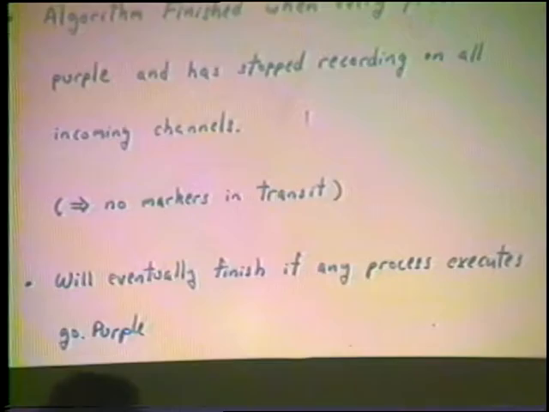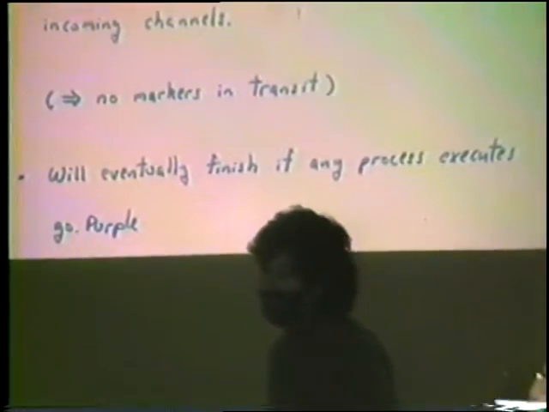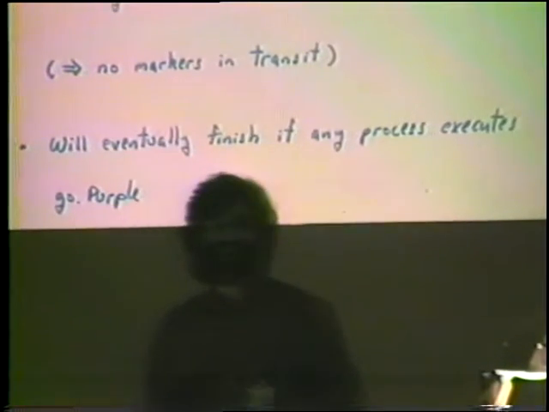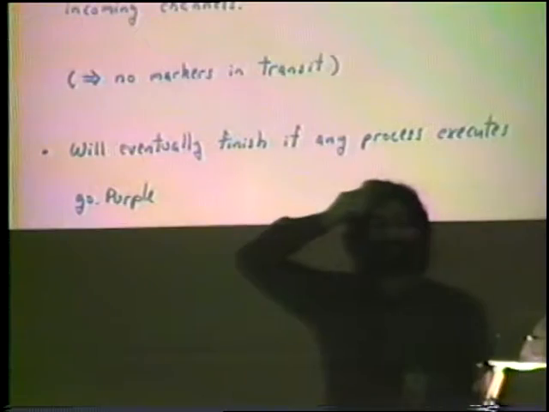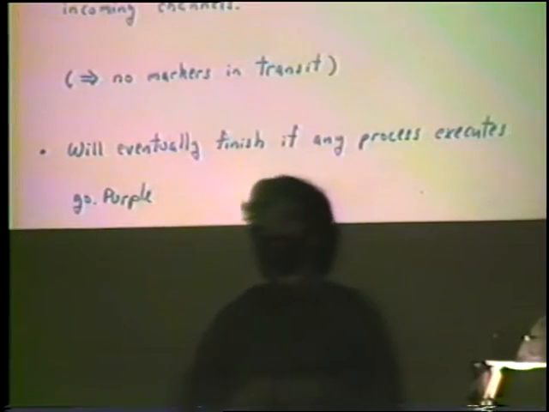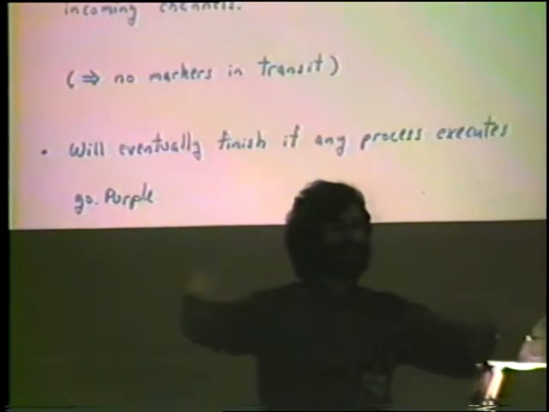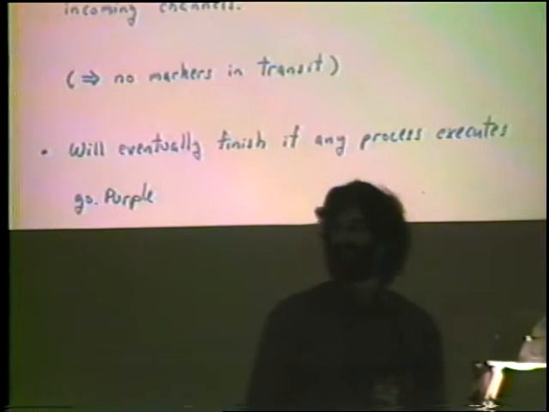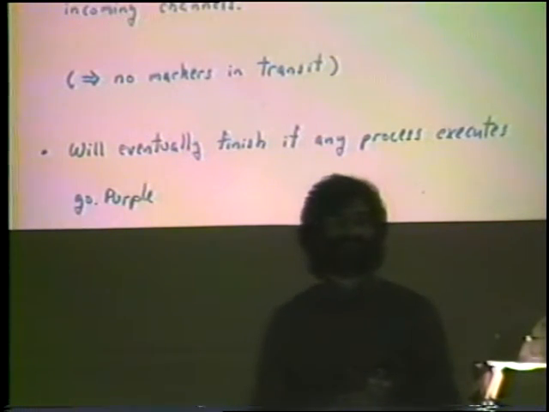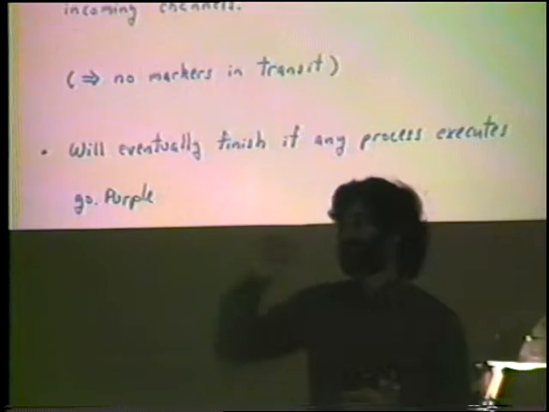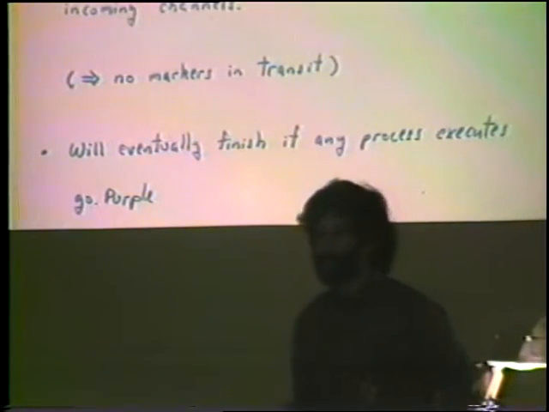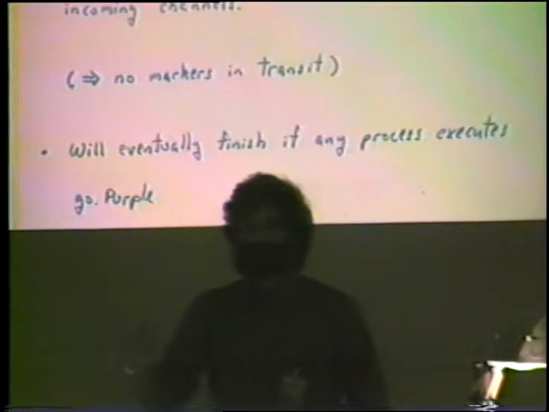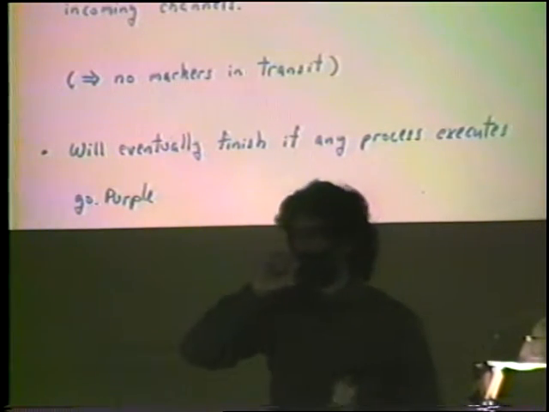Now, the next 30-second theorem says that this algorithm will eventually finish if any process executes go purple. Once some process decides to execute go purple, then eventually those marker messages are going to get around and be propagated throughout the network. I should say that I'm assuming that the network is strongly connected. There's a path from every process to every other process, but not necessarily a direct link.